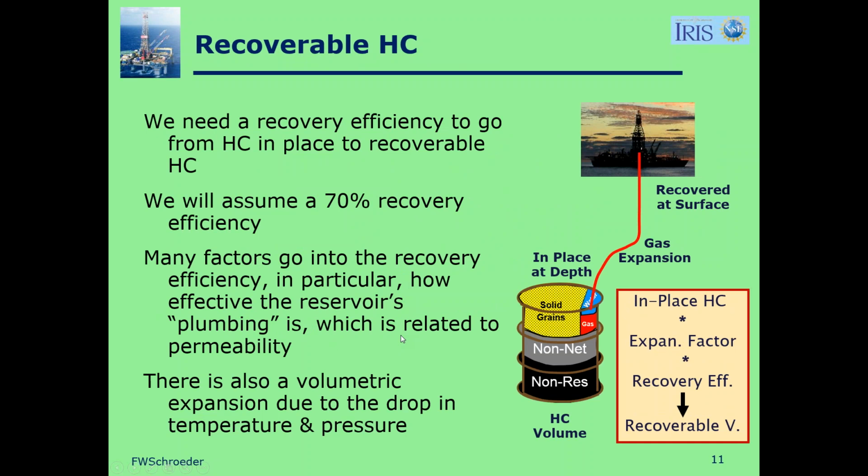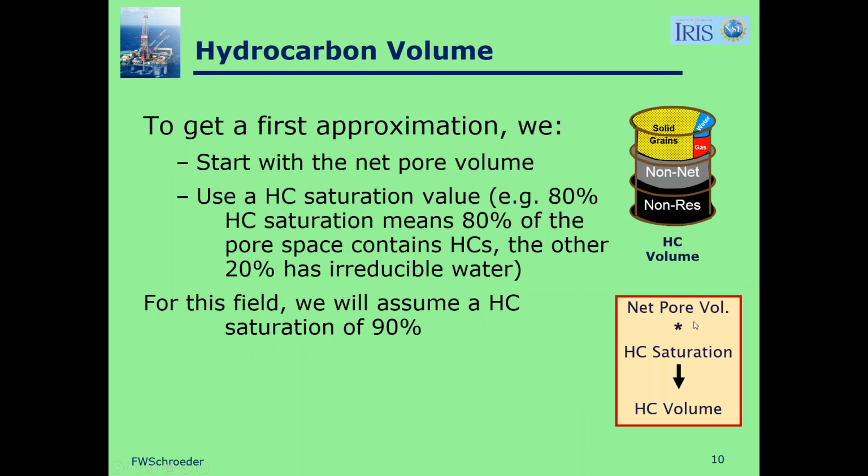So we take the net volume, we multiply by hydrocarbon saturation, and that gives me the hydrocarbon volume in place at reservoir conditions, at reservoir depth, at reservoir temperature, at reservoir pressure.